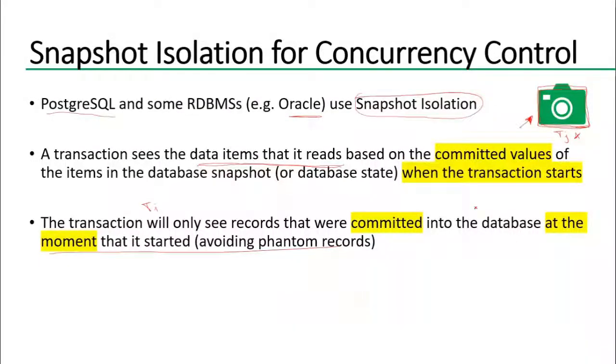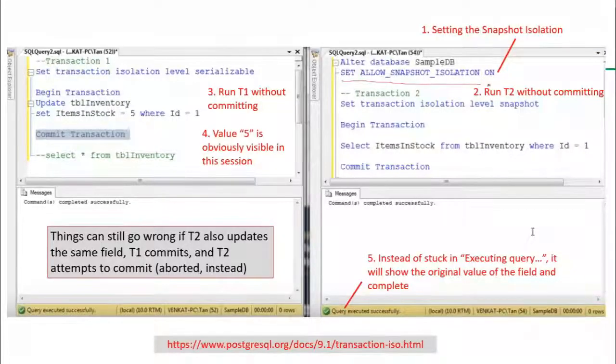Let's see an example in practice of how it looks. So you start by setting up the snapshot isolation. This is the isolation level we're using. Then you start to run T2 without committing, just this part.